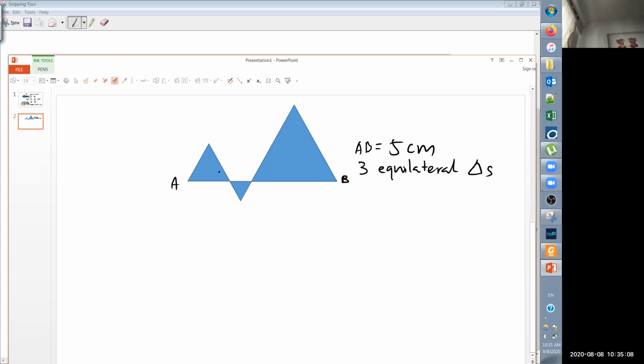So basically you have equilateral triangle 1, 2, 3. And now you are asked to find the perimeter of the figure.